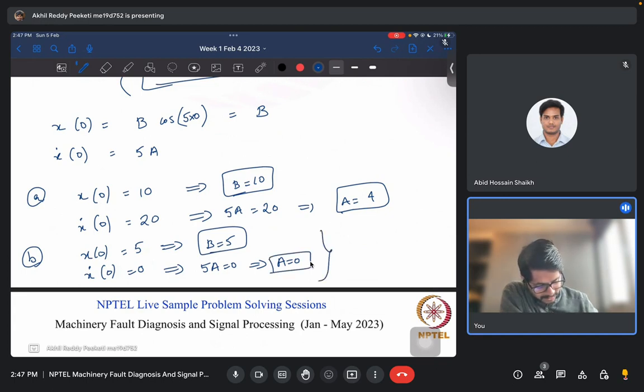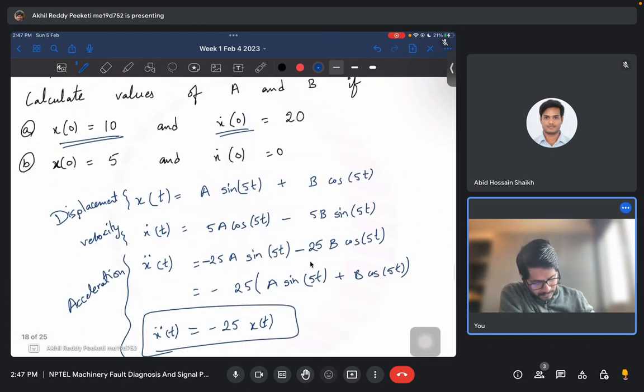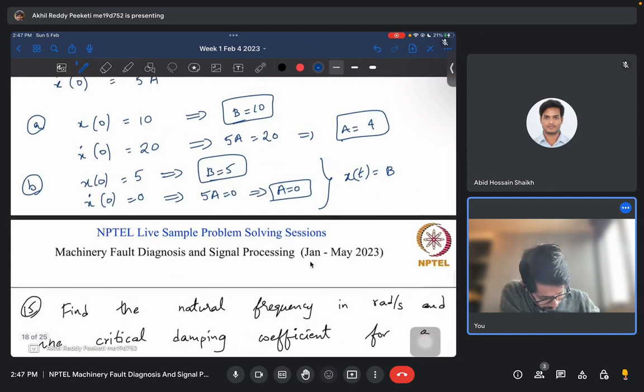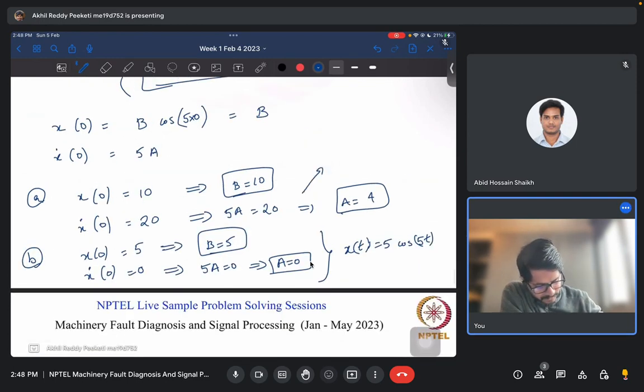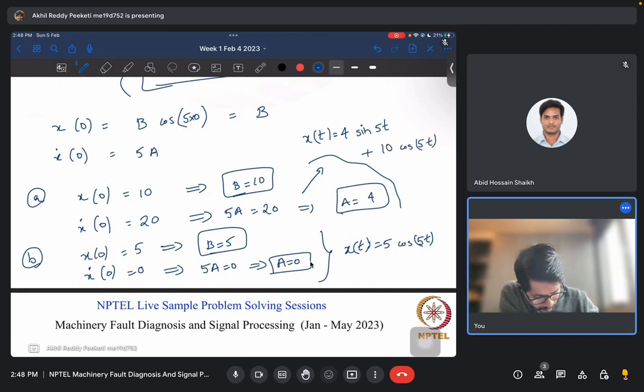So for this the actual solution is just b cos ωt. So b is 5, so 5 cos ωt. For case A, the final solution form would be x of t is equal to a is 4 sin ωt plus b is 10 cos ωt.